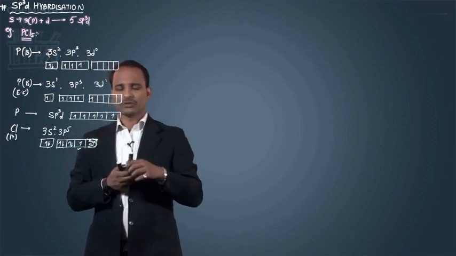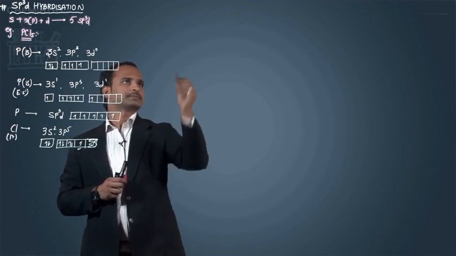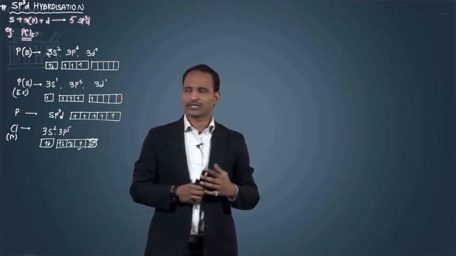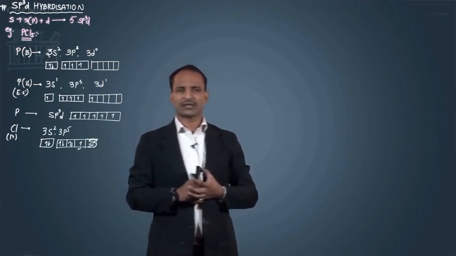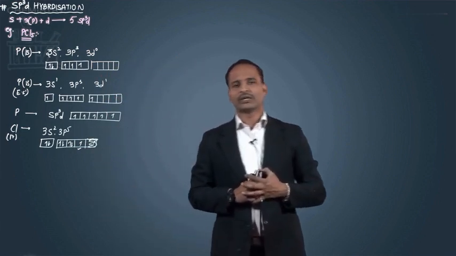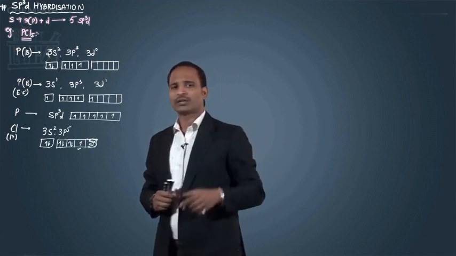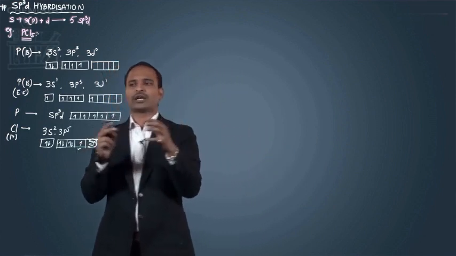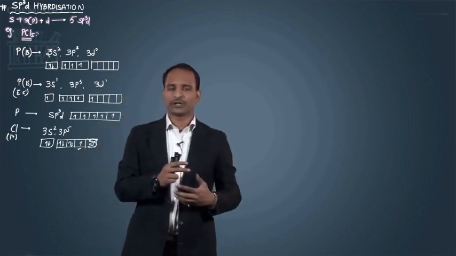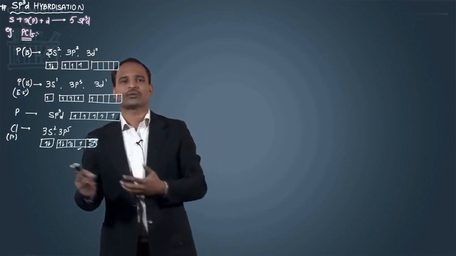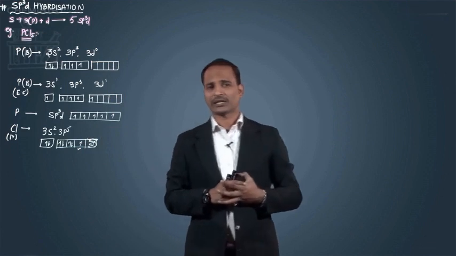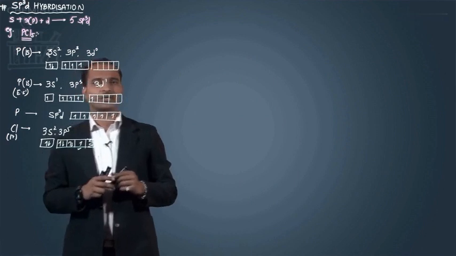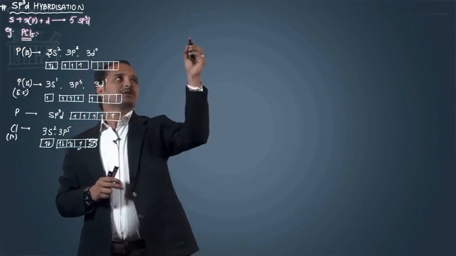In the PCl5 molecule the phosphorus atom is at the center. Since the d orbital is taking part in the bonding and d orbitals are considered a little complex, you are not expected to draw the overlapping here. So we have only the geometry, how the chlorine atoms are oriented.